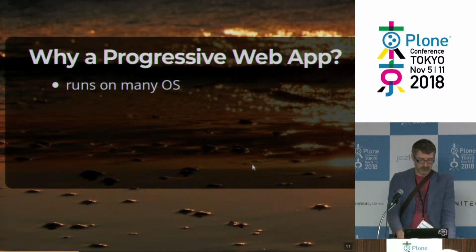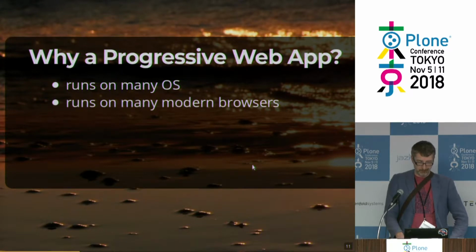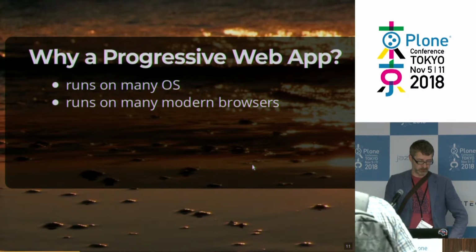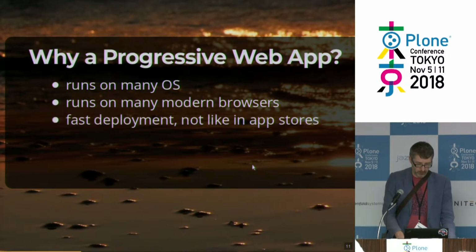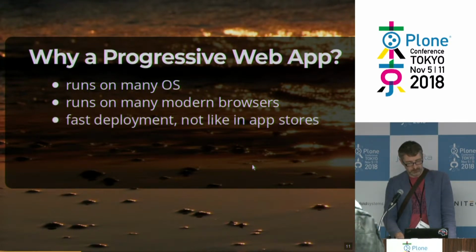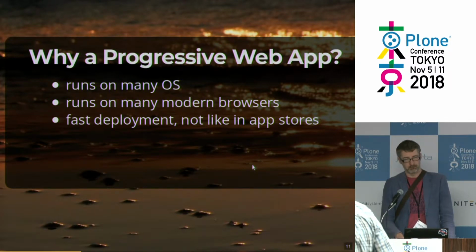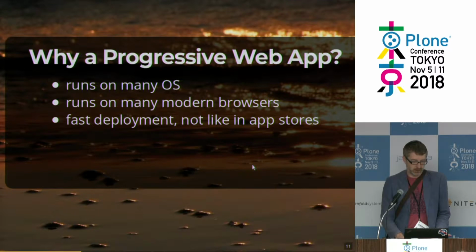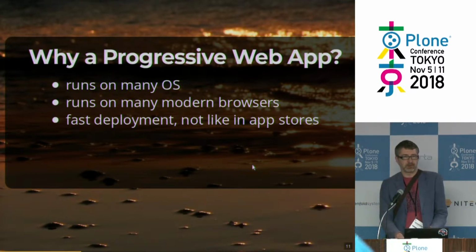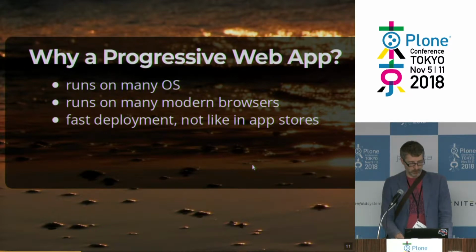So why a progressive web app? First of all, it runs on many operating systems. Basically, the only thing you need is a modern browser. It allows us to make fast changes and fast deployments. Especially in the beginning, this is really key because you want to fix something, add some features, roll it out and talk about it with the people.